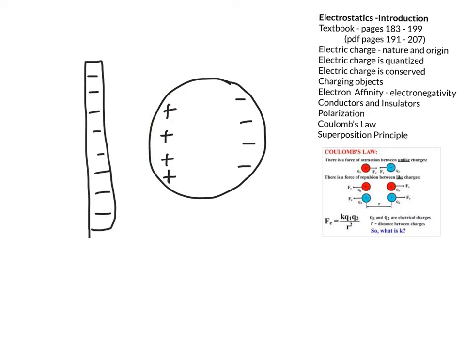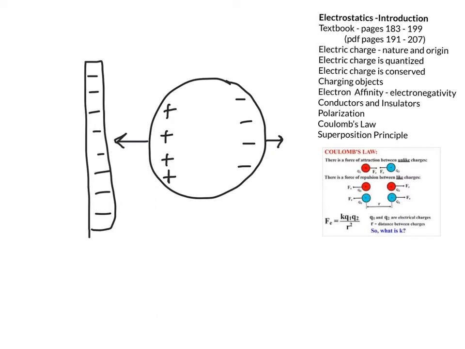So that's exactly what happens. If you said, oh, the positive charges move toward the rod because they're attracted, that's generally correct, but in fact what happens is the electrons are free to move. Free electrons move to the far side, leaving a net positive charge on the near side. And what does that mean? Well, that means that this side of the can is attracted to the rod, and the far side is repelled.